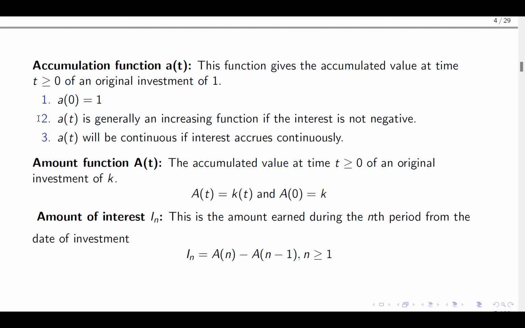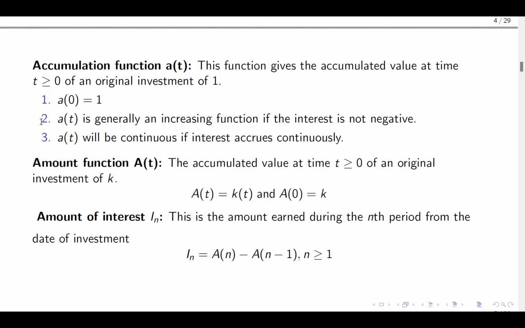Once your interest is positive, your accumulation function continues to increase, because if you invest something today, tomorrow it gets bigger, the next year it gets much bigger, and the following year it gets much, much bigger. So a(t) is generally increasing, all right?